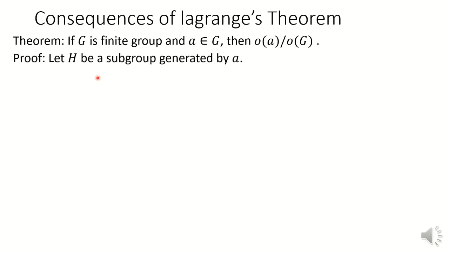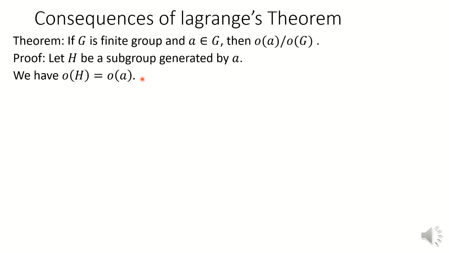Let us suppose that H is the subgroup generated by the element a. We have order of H is equal to order of a. We have proved this while discussing cyclic subgroups: if a is a generator of the subgroup H, then order of H is equal to order of a.